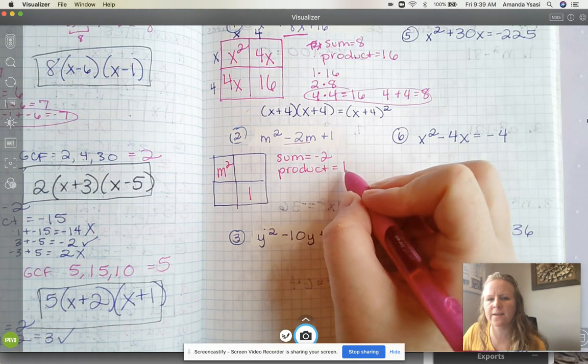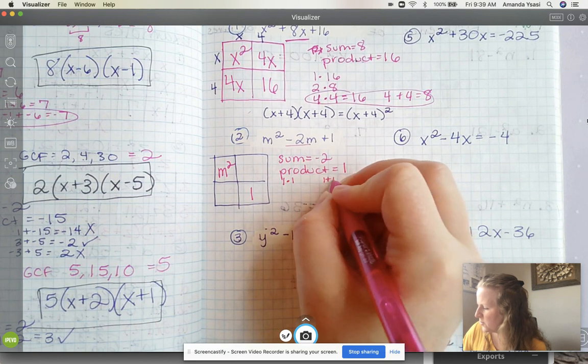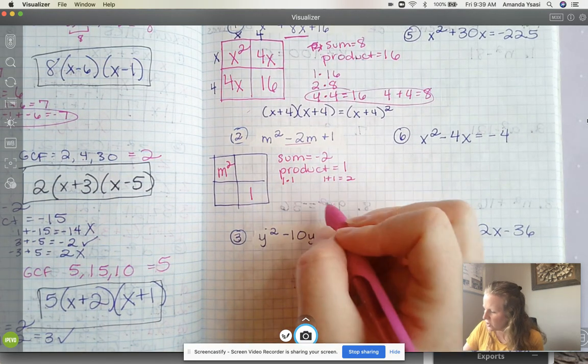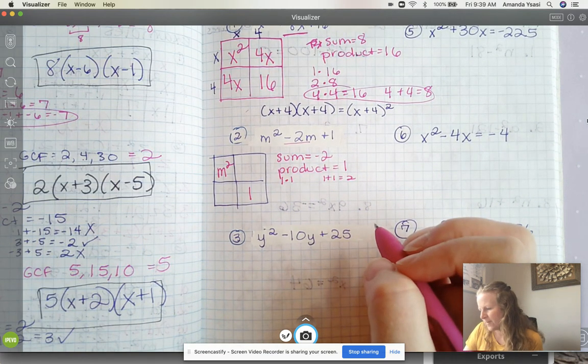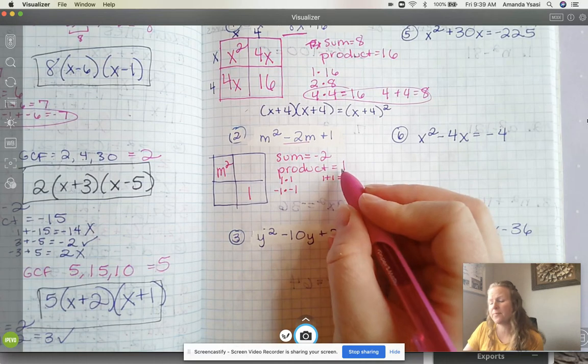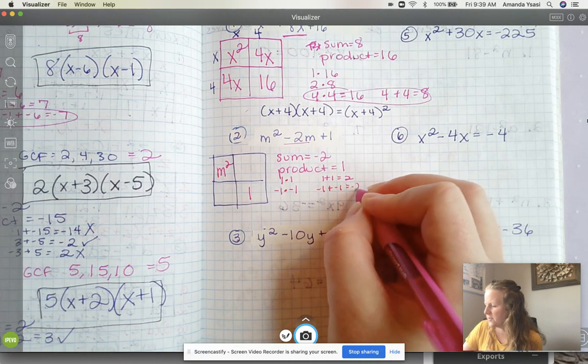The only thing to get 1 is 1 times 1, and then 1 plus 1 is 2. But we want a negative 2, right? So we're going to have to change this. What about negative 1 times negative 1? That gets a positive 1. And negative 1 plus negative 1 gets a negative 2. So that's it.